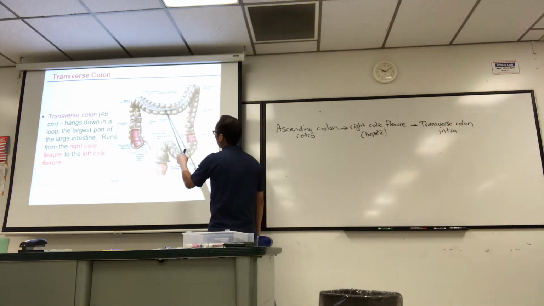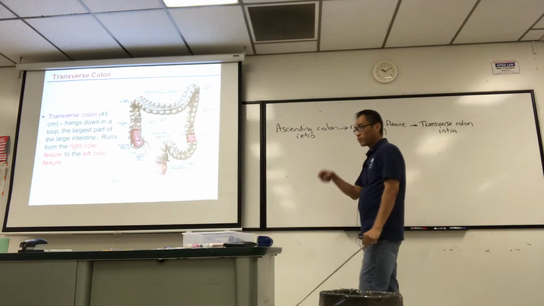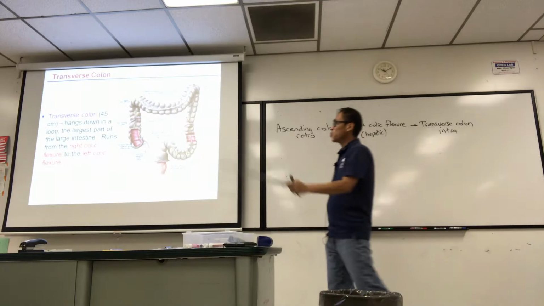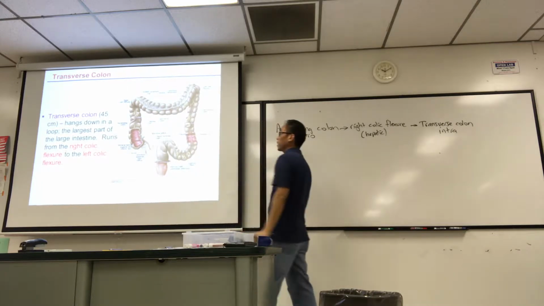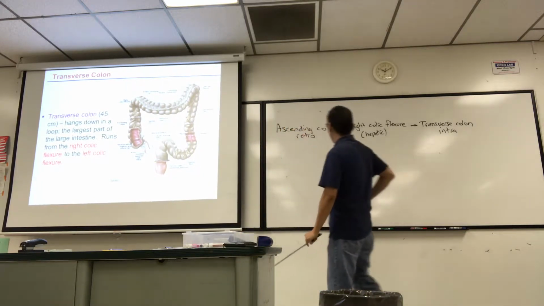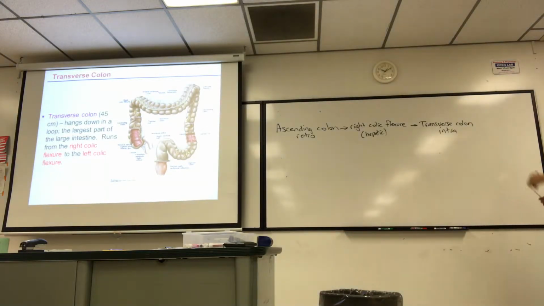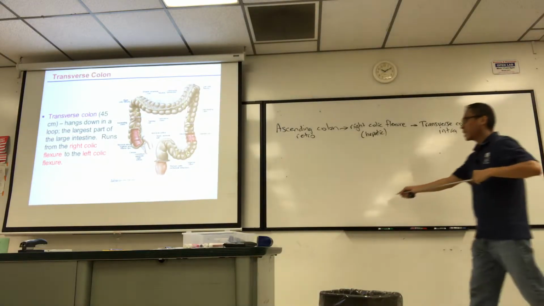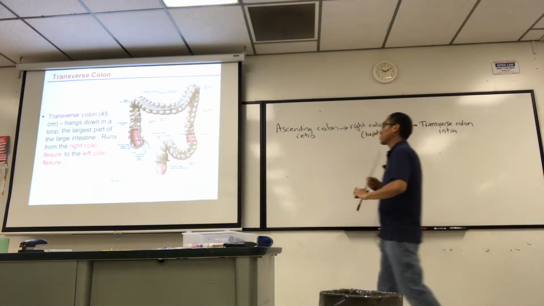Also recall that the stomach has the greater omentum, which goes from the greater curvature of the stomach to here, in addition to the transverse mesocolon, which anchors to the back body wall. That was all previously taught. I just want to go through the parts of the colon here. And then you have this bend by the spleen on the left side. Call it the left colic flexure or splenic flexure.